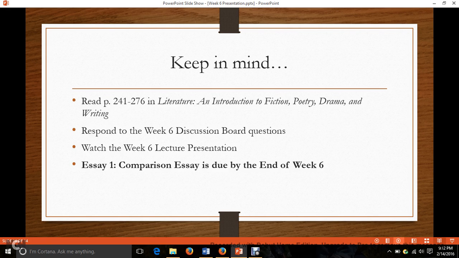So with that, let's keep in mind that you need to read pages 241 to 276 in Literature: An Introduction to Fiction, Poetry, Drama, and Writing. You can focus on the works that were written within our time frame of 1919 to the 1970s. You can include stories from this section of reading in your essay if you so choose. I do hope that you read quickly and early if you want to do that.